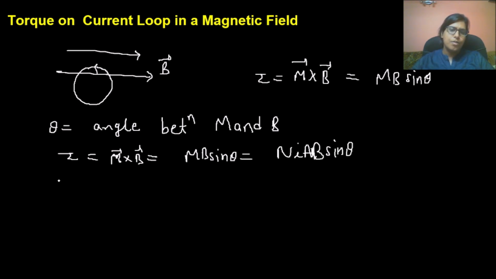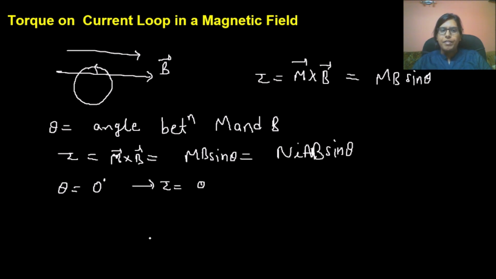Now if theta is 0 degree, then the torque will be 0. Theta is 0 degree, that means the angle between M and B is 0, right?